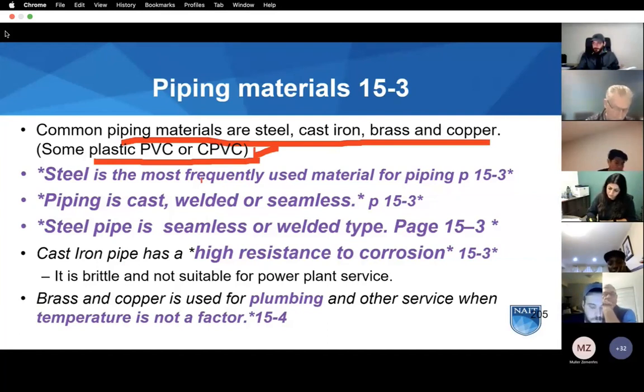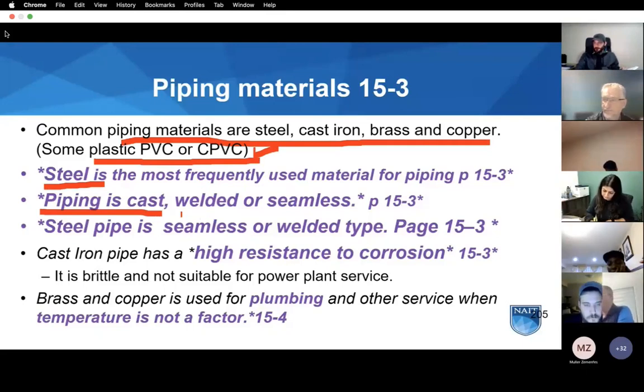Typically in the plants that we're going to work in and talk about and see, we're using steel. Different kinds of steel piping. There is cast steel piping. There is a couple categories, welded or seamless piping that we're going to actually talk about.